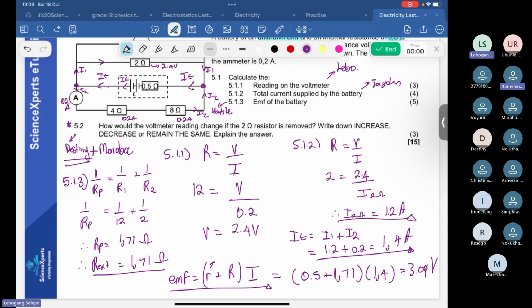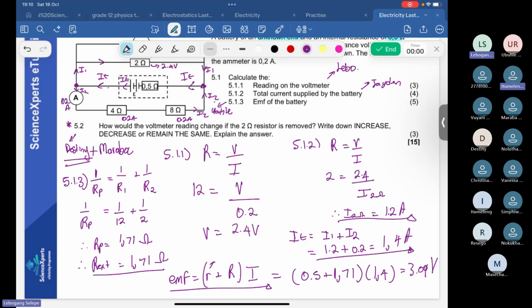Okay, so I want to ask about the V external. Isn't 2.4 volts the V external? Let's see. 1 over 12 plus 1 over 2, to the power negative 1. No, it's 1.71. Why would you say it's 2.4?